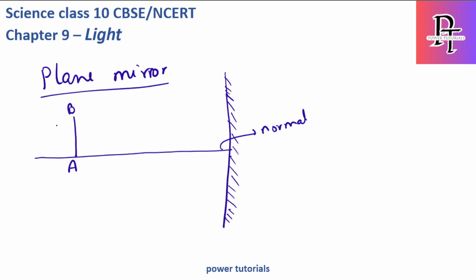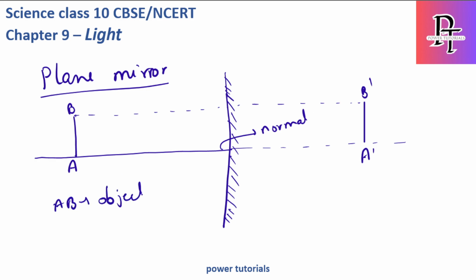So if AB is an object, then if I project it backward, it will form an exact image on the virtual side. Let's mark it A dash B dash. If AB is the object, then A dash B dash is the image.